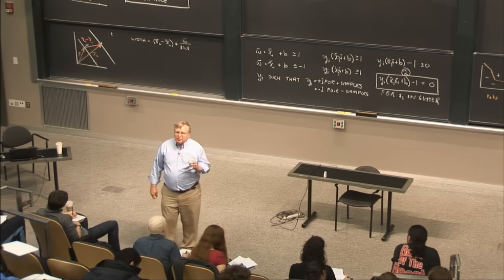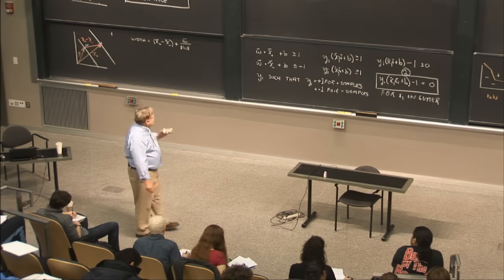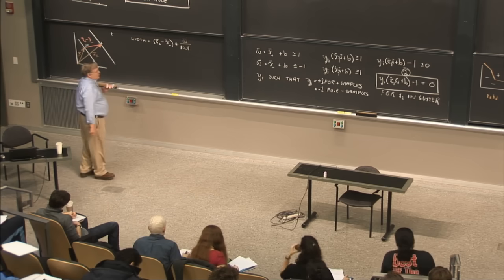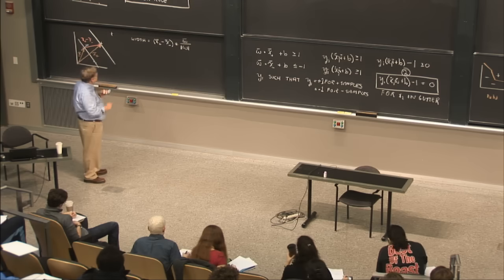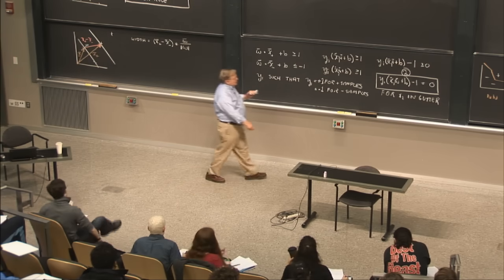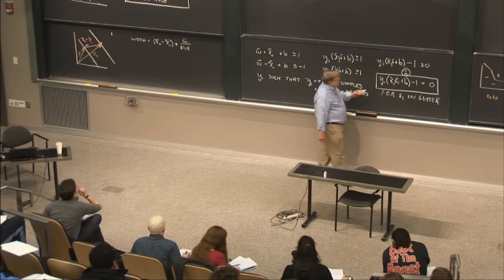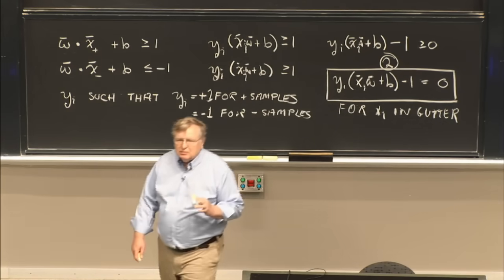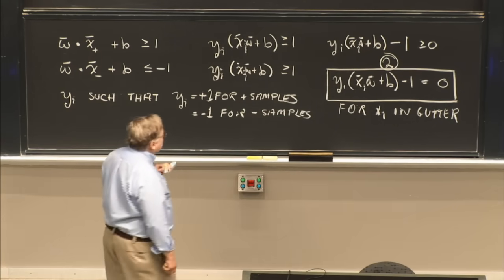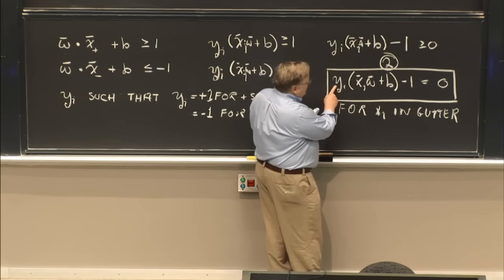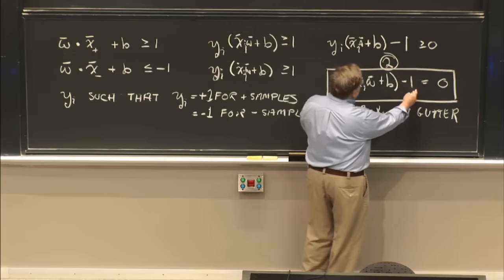Doesn't do us much good because it doesn't look like we can get much out of it. Oh, but I don't know. Let's see, what can we get out of it? Oh, gee, we've got this equation over here, this equation that constrains the samples that lie in the gutter. So if we have a positive sample, for example, then y is plus 1, and we have this equation.